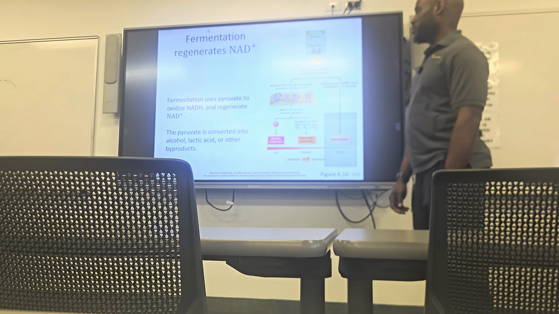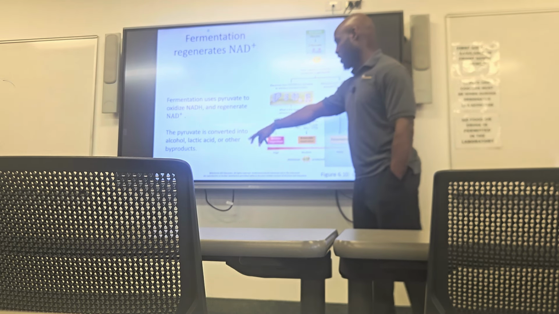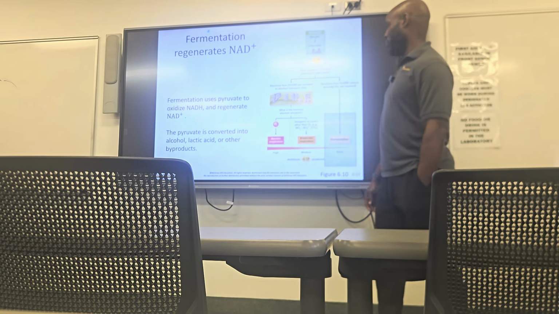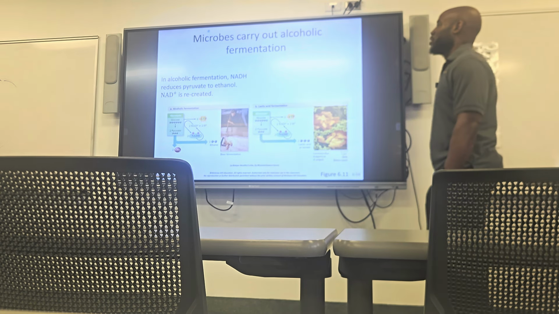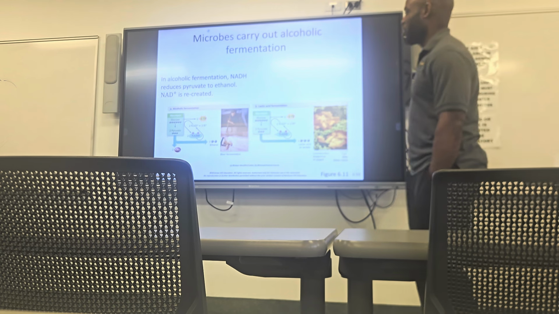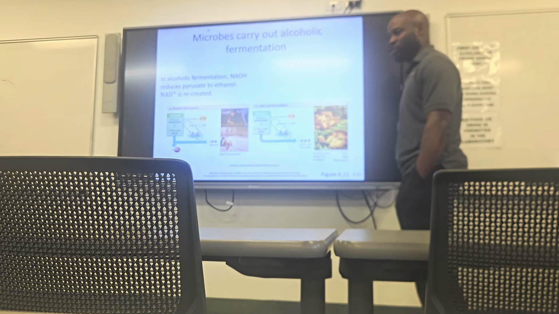Fermentation uses pyruvate to oxidize NADH and regenerate NAD, and the pyruvate is converted into alcohol, lactic acid, or other byproducts. Right? Microbes can carry out alcoholic fermentation. This is very popular, and the substance is known as beer.